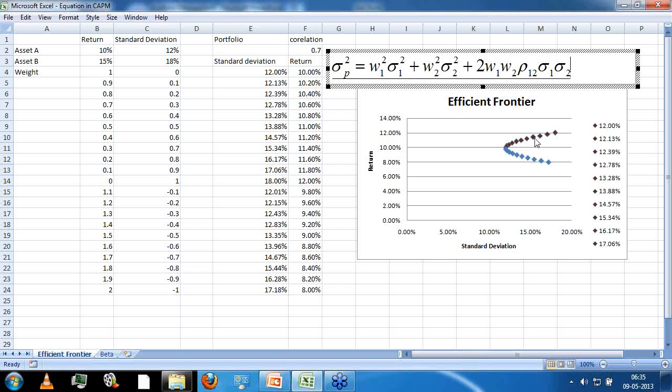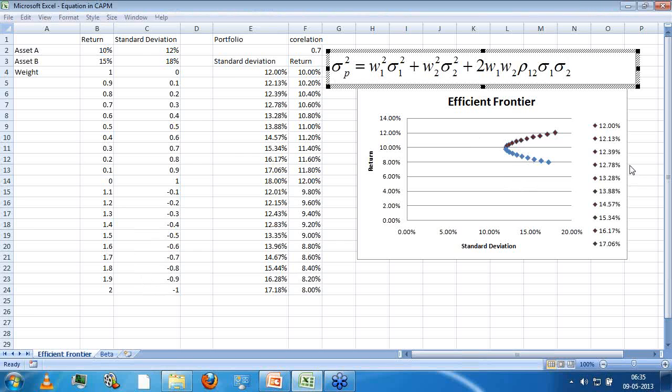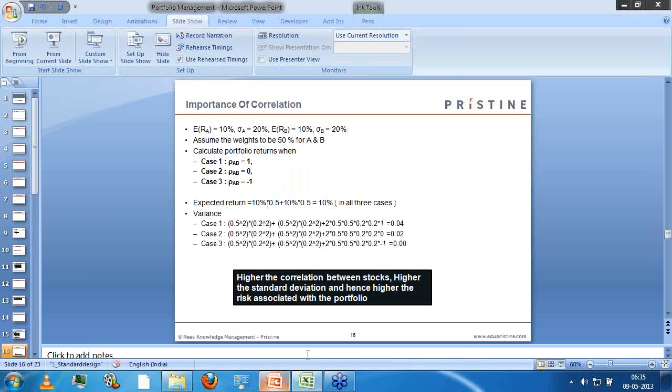Since the weights of asset A and asset B are different, your corresponding returns are different. But your standard deviation is the same. So as a prudent, smart investor, you choose the one with the higher return.